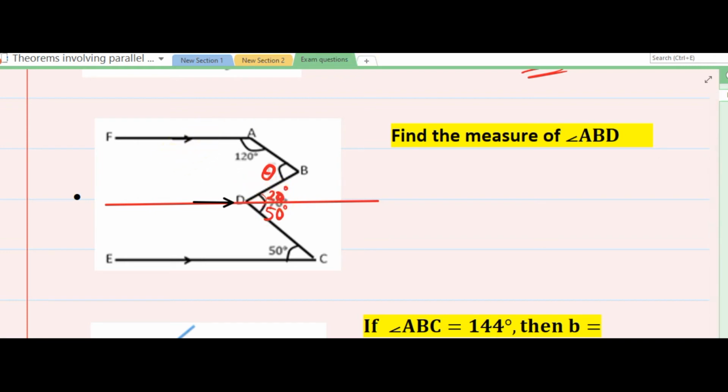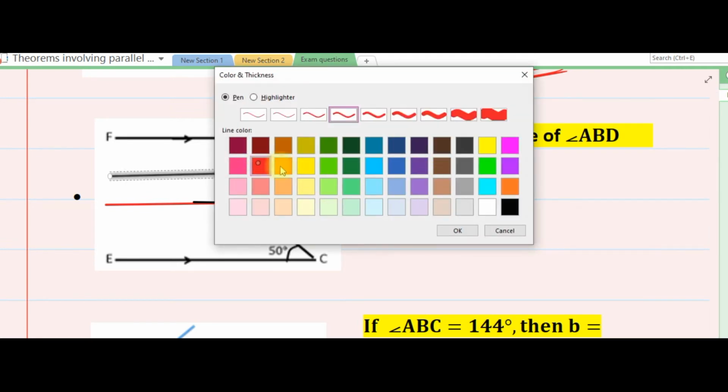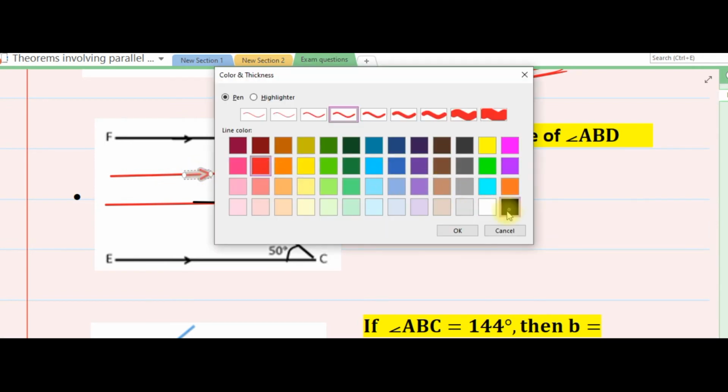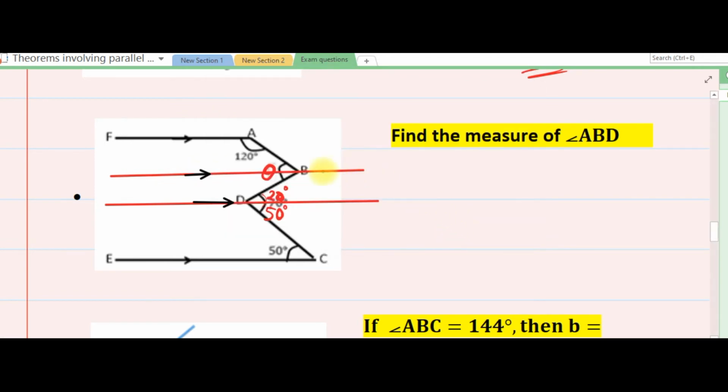Again, if you draw another parallel line, so again it will split this.